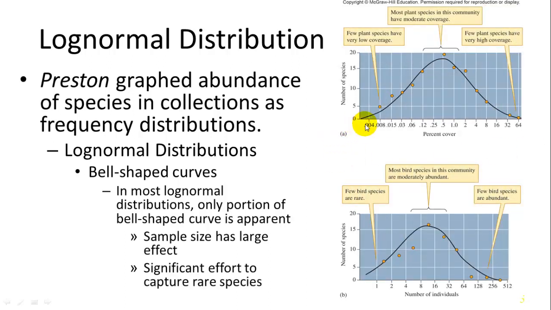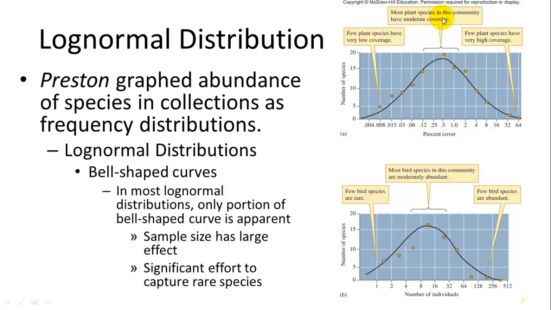Okay, so this is a normal distribution. You have heavy representation in the more popular or median abundances. So percent cover is what we have on the x-axis here. In the middle here you had the number of species, which correlated with what percentage of the land they covered.